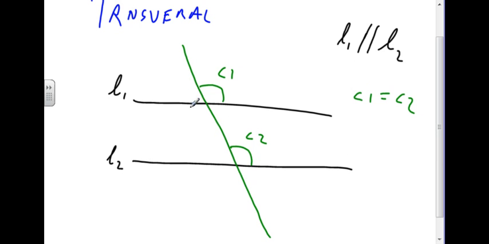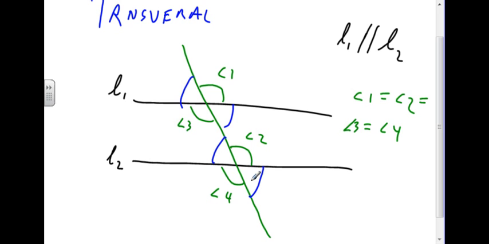Vertical angles are equal, so angle 3 is equal to angle 4. Likewise, the angles in blue are all going to be equal. So all alternating interior angles are equal, alternating exterior angles are equal, vertical angles are equal, all kinds of things.